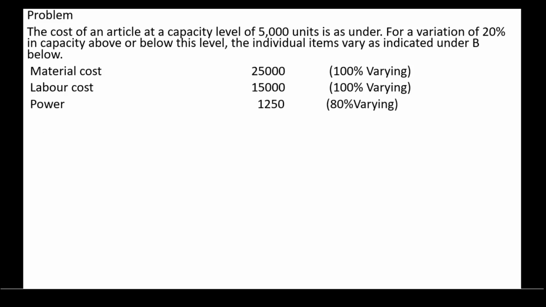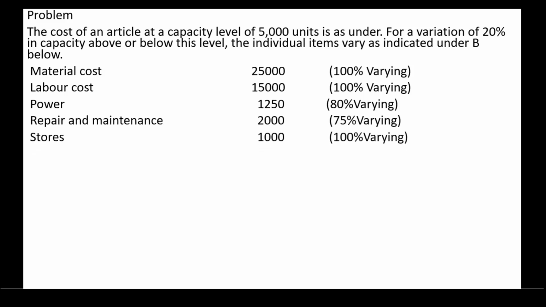Material cost 25,000, 100% varying. Labor cost 15,000, 100% varying. Power 1,250, 80% varying. Repairs and maintenance 2,000, 75% varying. Stores 1,000, 100% varying.